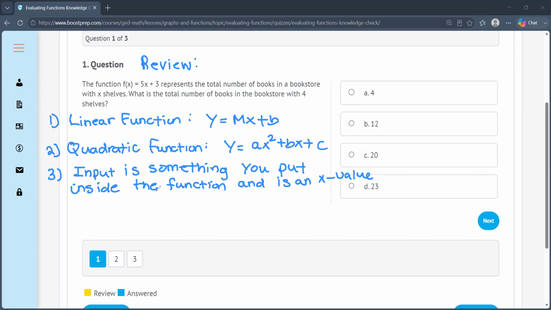And then output is something the function spits out. It's what it spits out after you put in the input. So it's usually a y value.